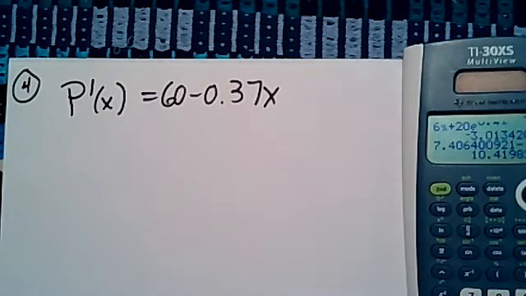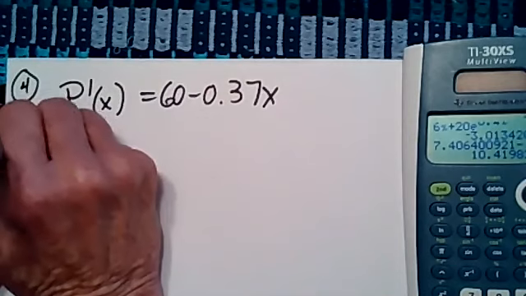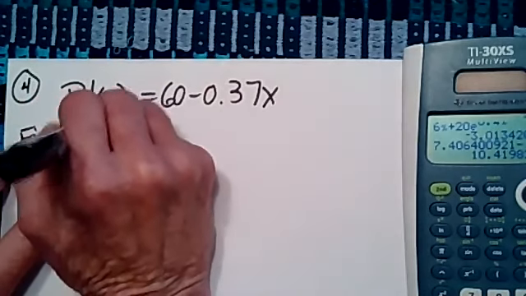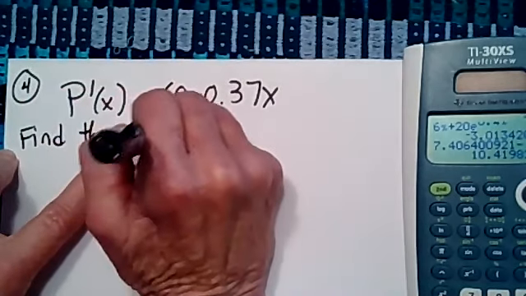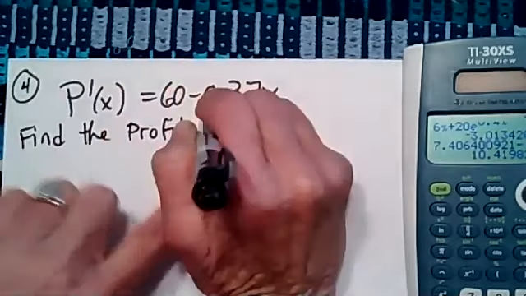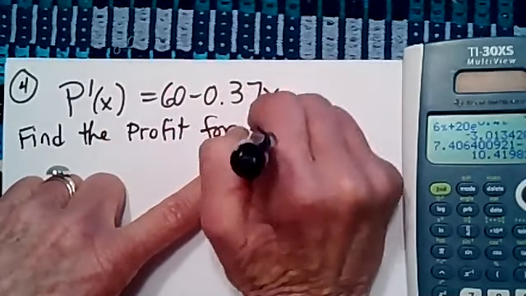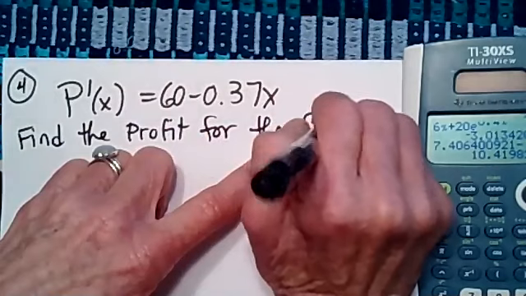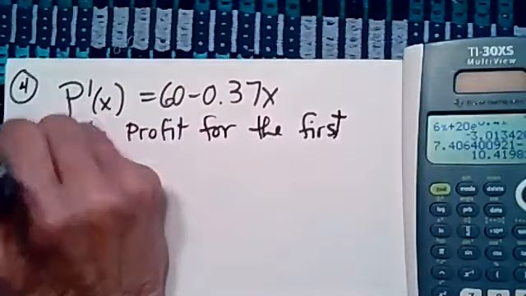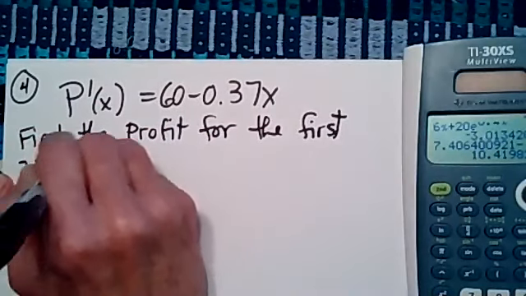And it asks me to find the profit for the first 37 pair of sunglasses. For the first 37 items, we'll just say.